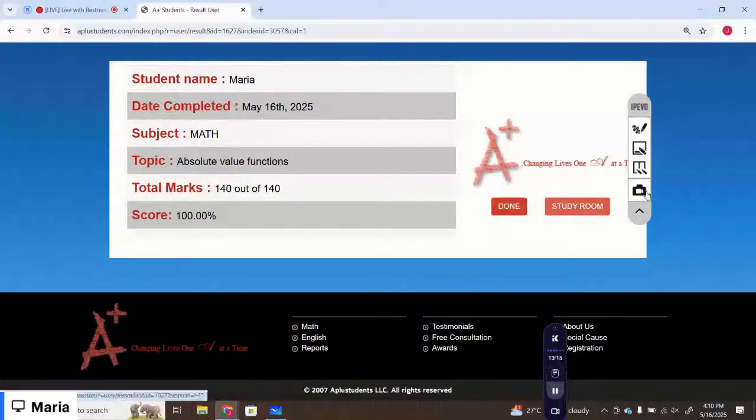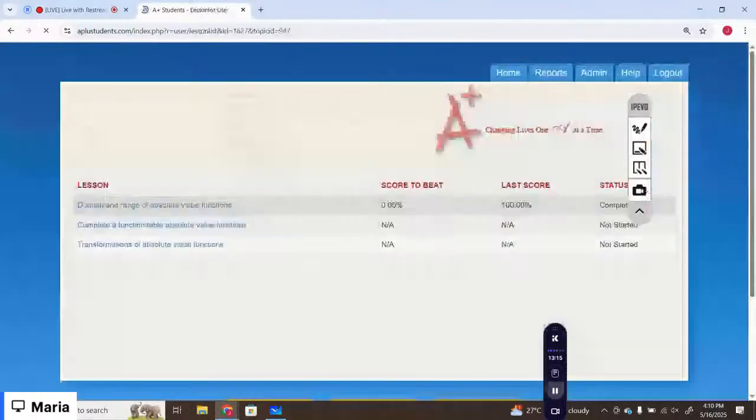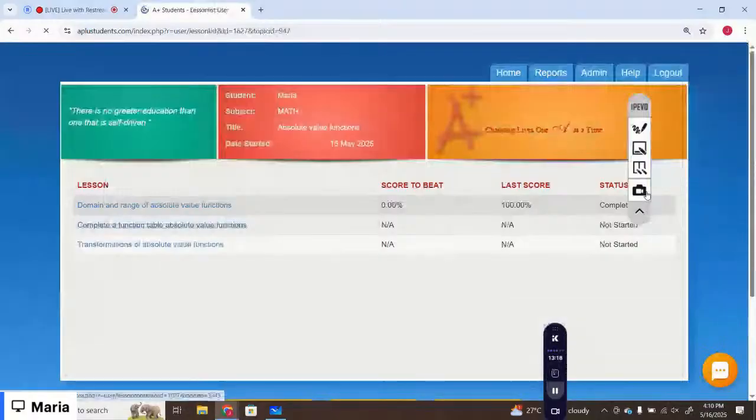Okay, we are done with the lesson. The next lesson is completing a table for absolute value functions.